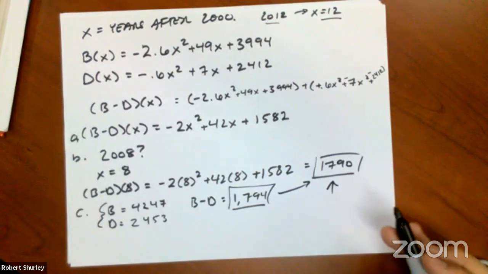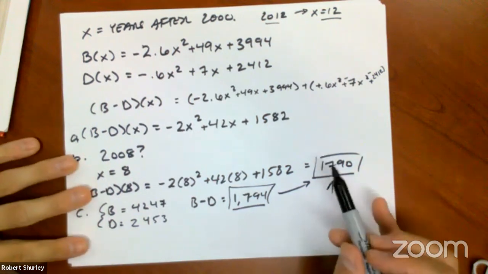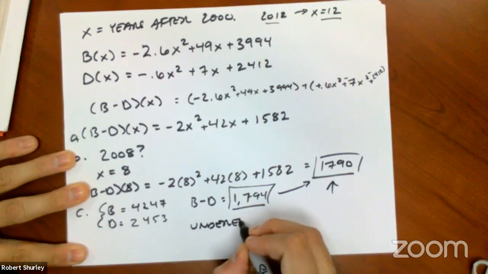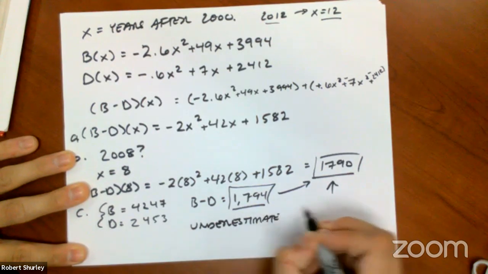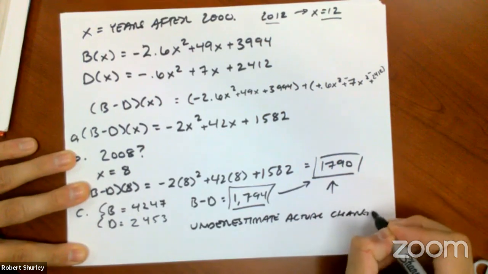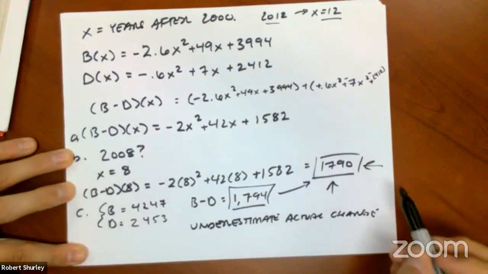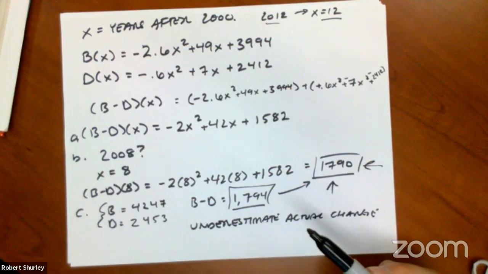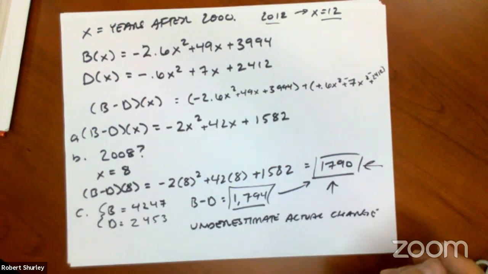And it's only 4,000 people off, right? But it did underestimate the actual change. The equation underestimated what actually happened. Kind of neat.